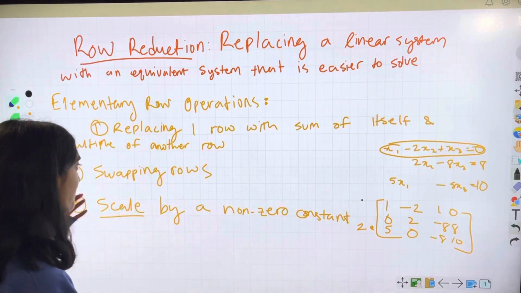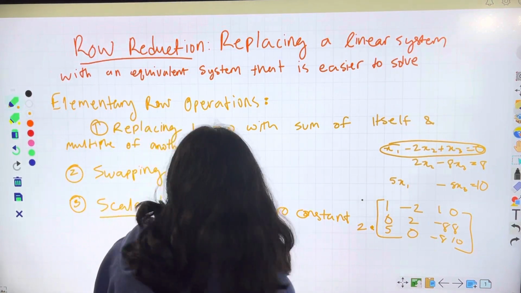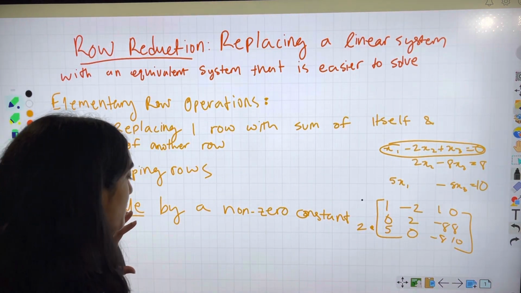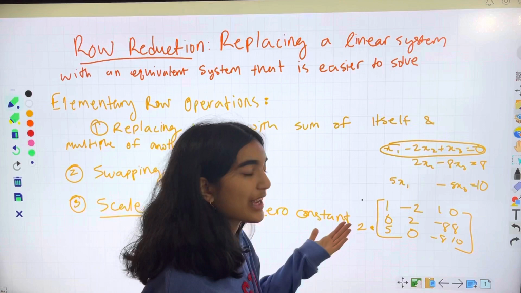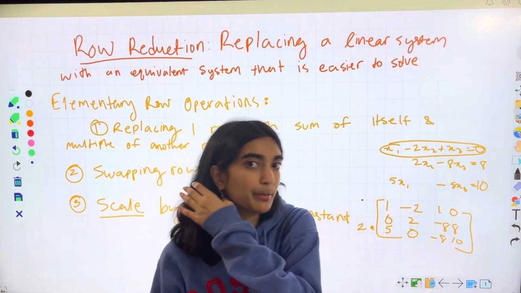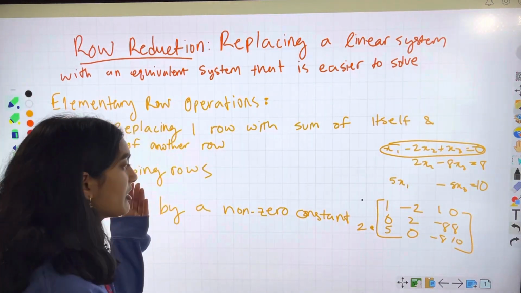But number 2 and 3 are pretty easy to understand, because rows just represent equations, right? They're not just random numbers. They represent equations.